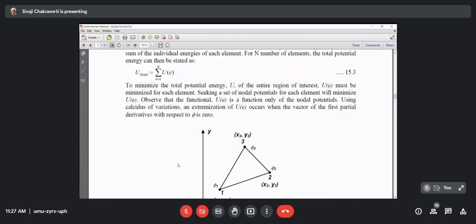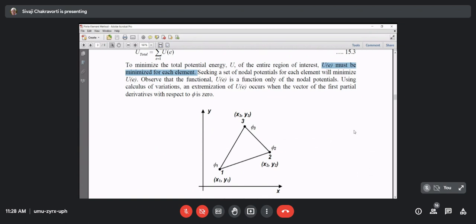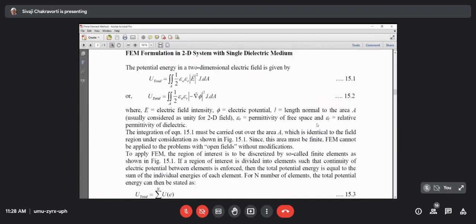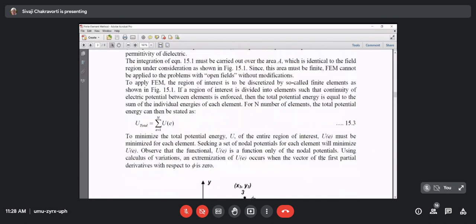Now, to minimize the total potential energy of the entire region of interest, we need to minimize the energy of the element also. So since we have already shown that this energy is a function of electric potential, here you can see 15.2.